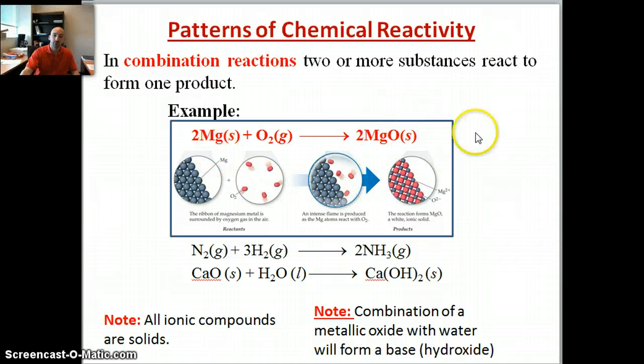The way we know what this product is, we form an ionic solid using the 2 reactants, magnesium and oxygen. And if you remember how we write those, Mg has a +2 charge, oxygen has a -2 charge, and if we swap those 2 charges, we end up with magnesium oxide.